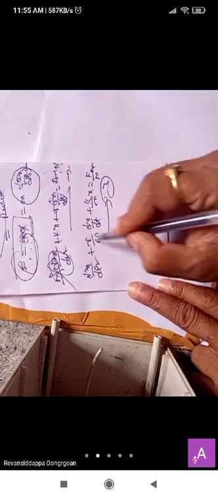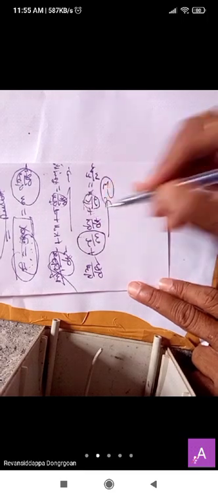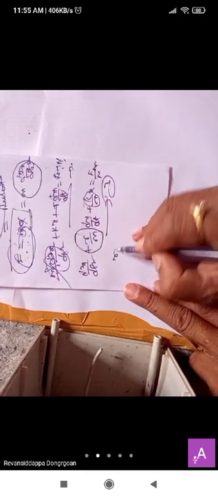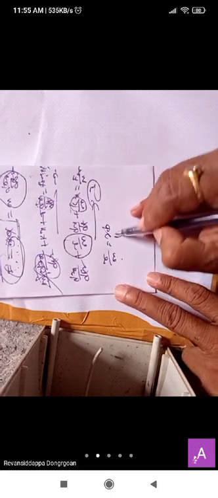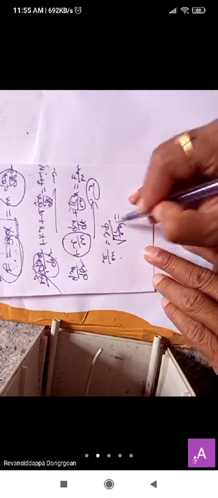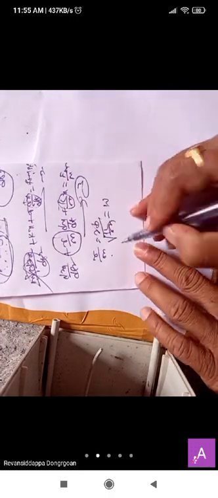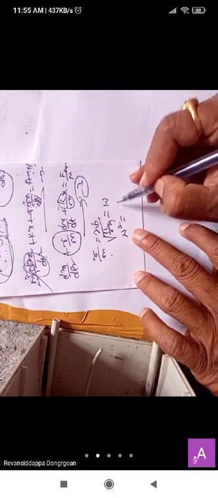Remember r by m and k by m, you know their values. What is r by m, beta? r by m is nothing but the damping constant, that is 2b. And k by m is the natural frequency: omega is the square root of k by m, or omega square can be written as k by m.